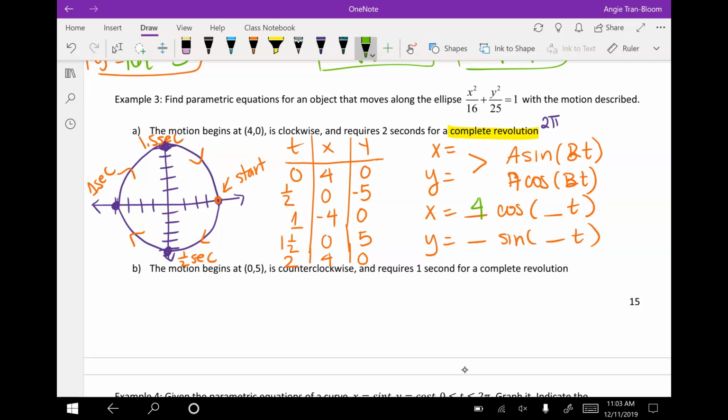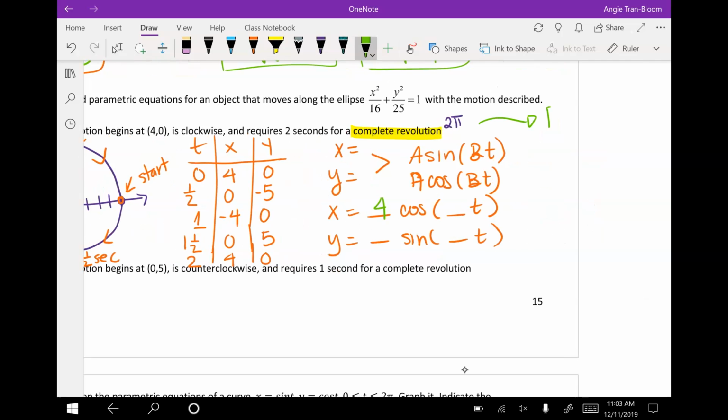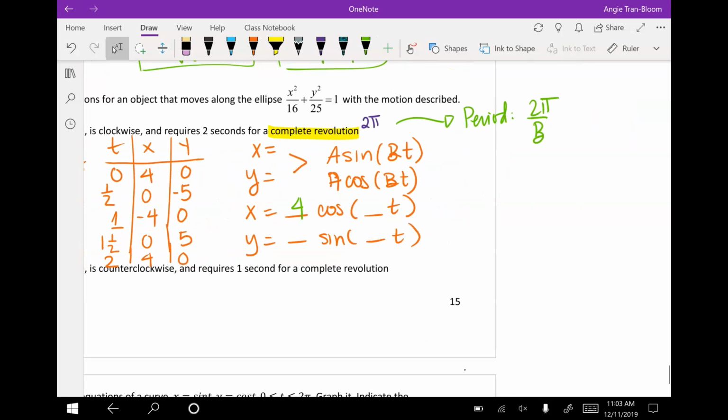Now this b value, if you guys remember, to find the period for sine and cosine, it was 2 pi divided by b. Remember this? Well, we know the period equals 2 full seconds, right? I'm going to hold it right there so you can ask. This is taking everything you've ever studied. A full period takes how many seconds? 2.